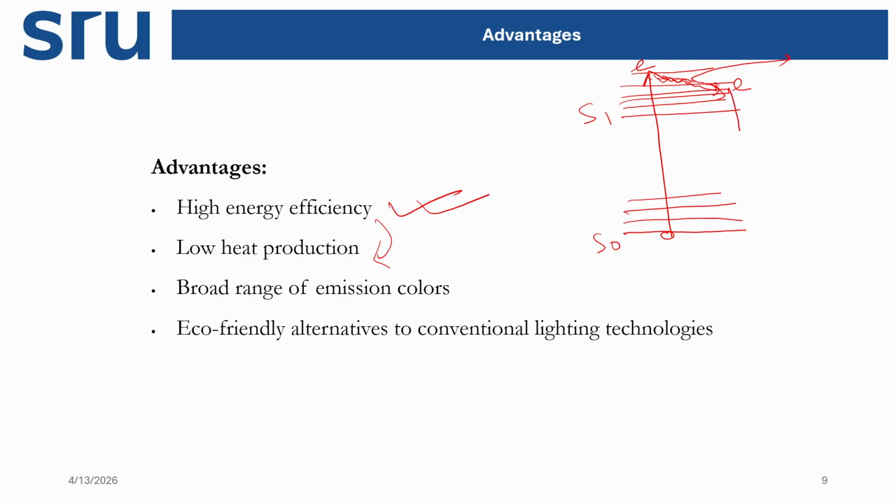After that, from this part to this part, emission takes place. If you see, the maximum is radiative transition, and only a very small part of the energy goes to the non-radiative transition, which may be used for heat production. So heat production is very small, whereas the radiative transition is larger. That's why when high energy efficiency happens, the heat production will always be low.